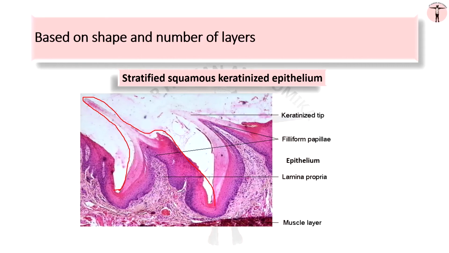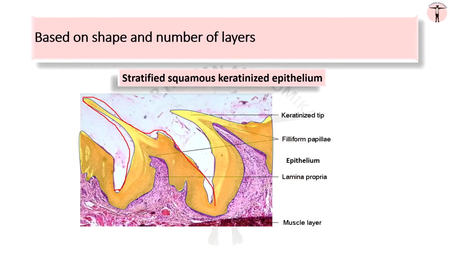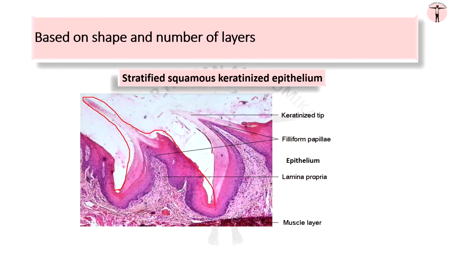So this is the filiform papilla on the surface of the tongue. That is the thickness of the filiform papilla, showing the stratified squamous keratinized epithelium. The keratin layer can be observed on the tips, which is lightly stained. So that lightly stained area is the keratinized tip.